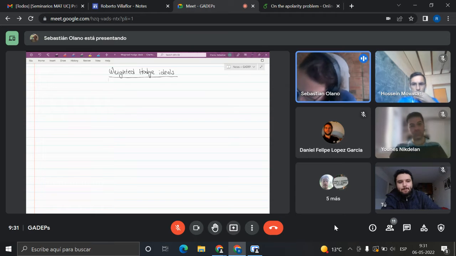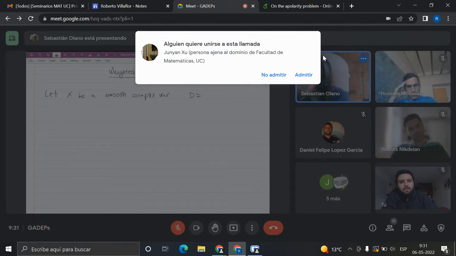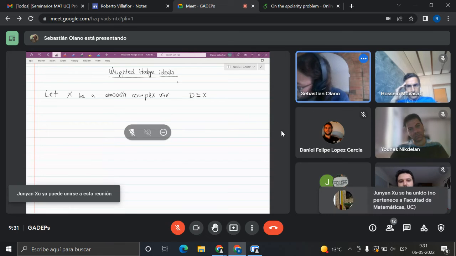Throughout, X will be a smooth complex variety, and I'll try to be consistent with the notation. D will be an effective reduced divisor.